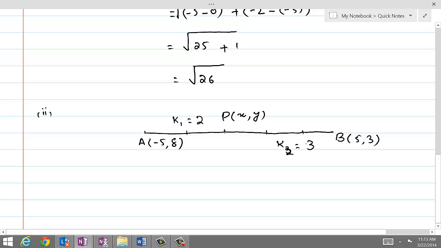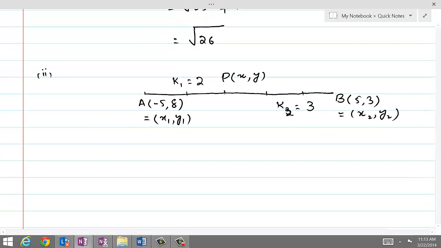So this is how we can get the ratios set for K1, K2, and here this is point x1, y1, and this is x2, y2.